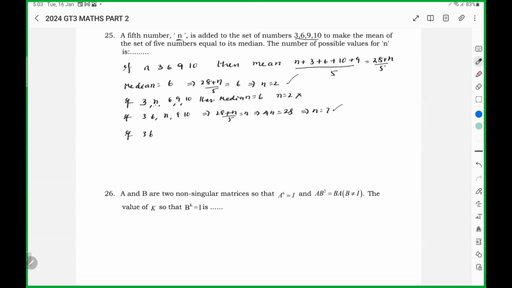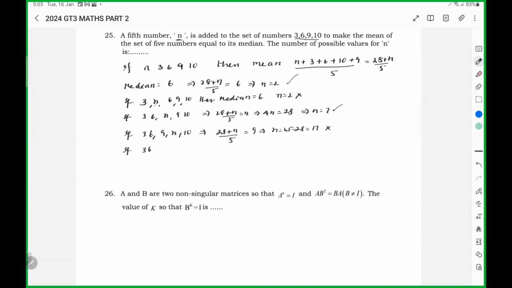If 3, 6, 9, and 10, in this case, n is 45 minus 28, 17, a wrong choice, because 17 is not between 9 and 10.